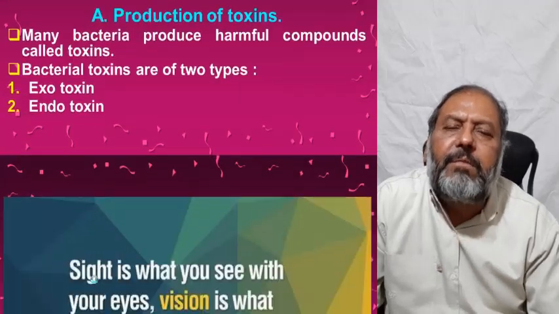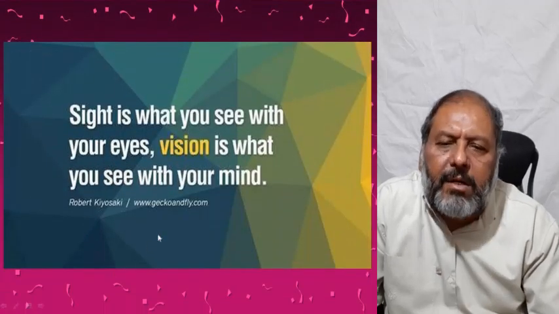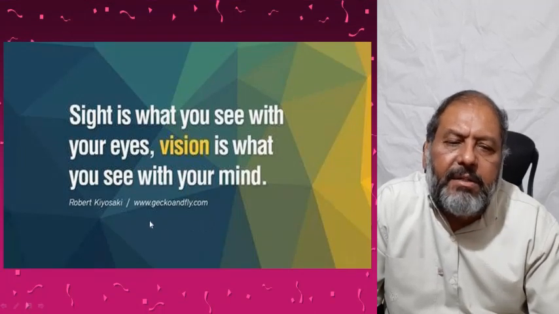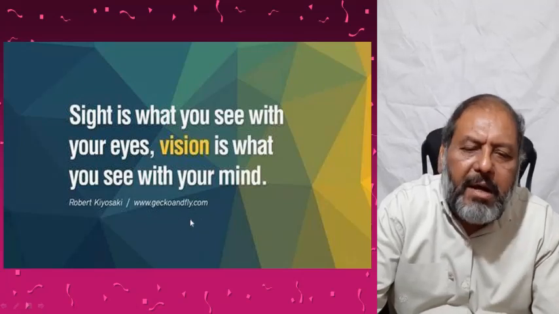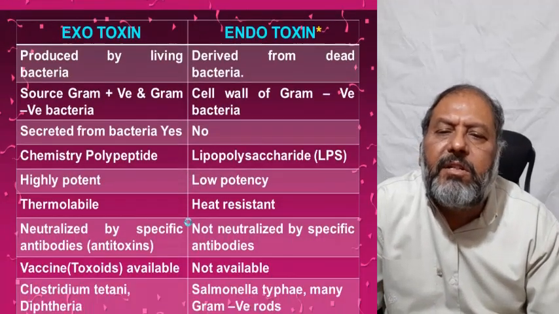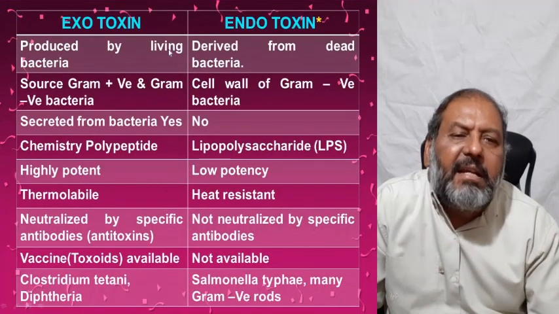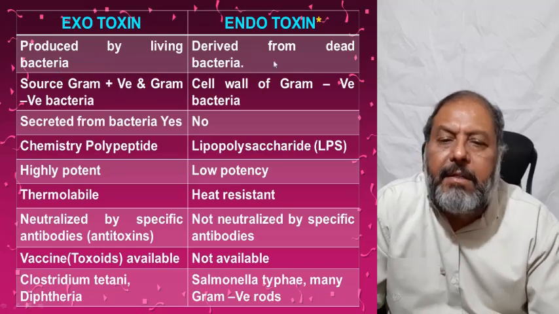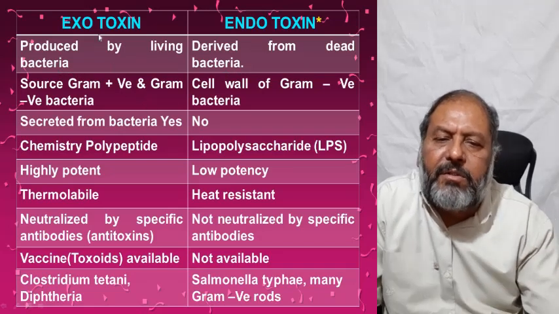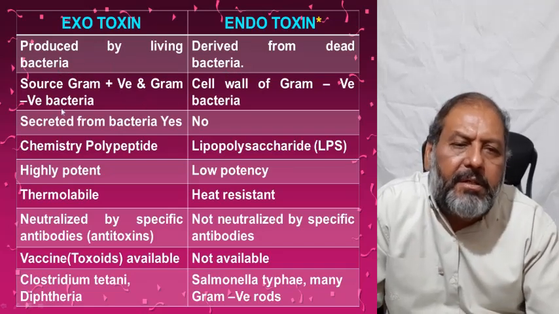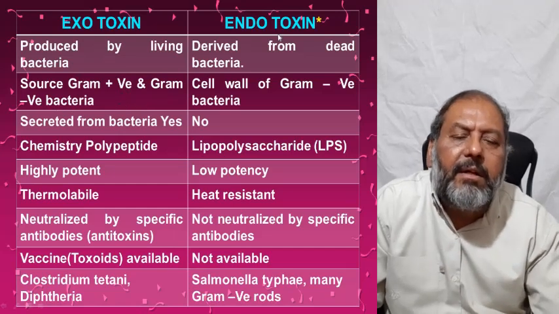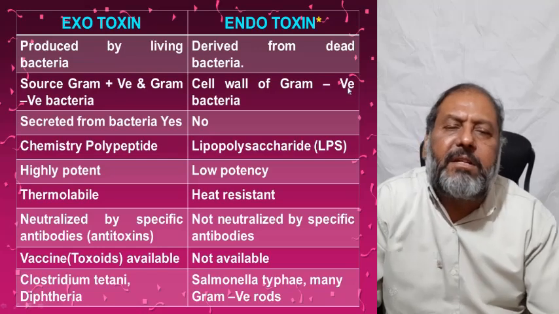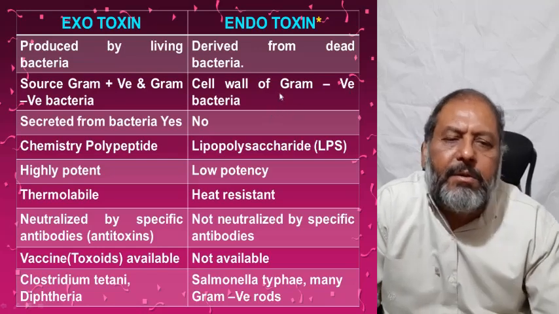Their name tells where they come from. Exotoxins are produced by living bacteria, and endotoxins are released when a bacterium dies. The source of exotoxin is gram-positive and gram-negative bacteria. But in the case of endotoxin, it is only the cell wall of gram-negative bacteria when the bacteria die, and that behaves as endotoxin.